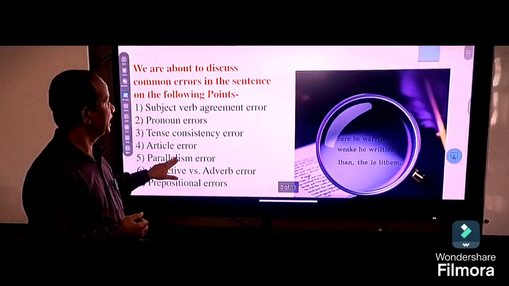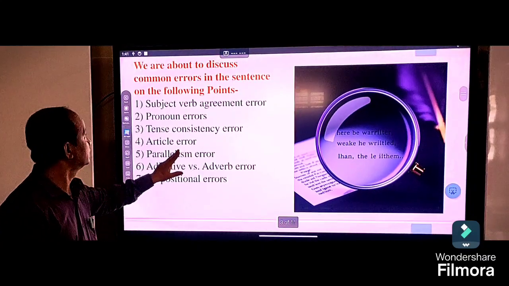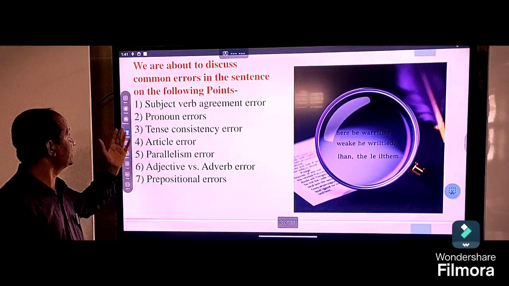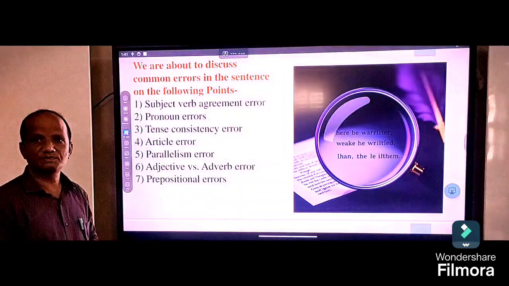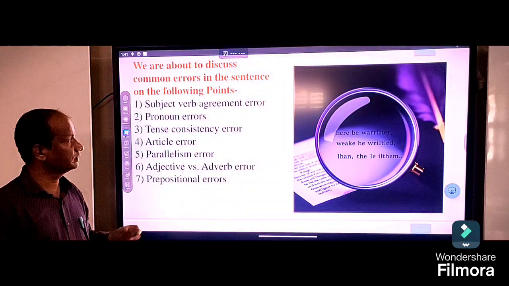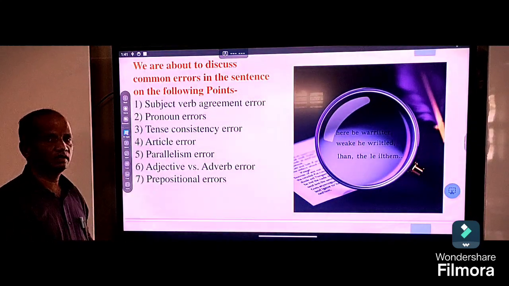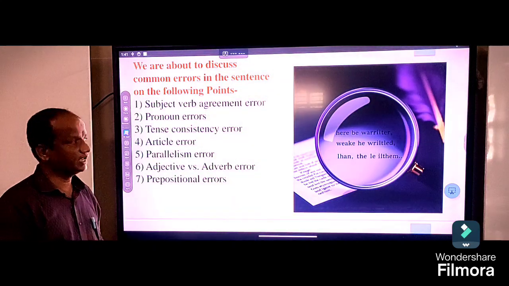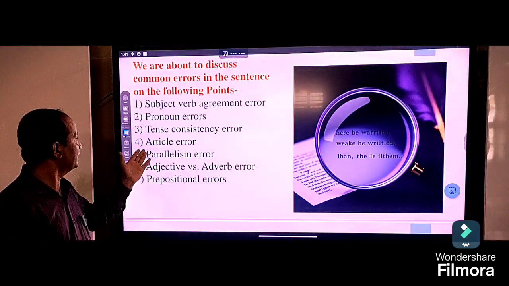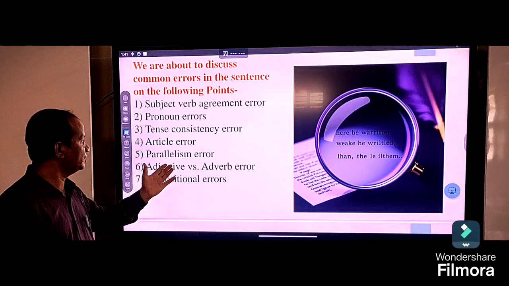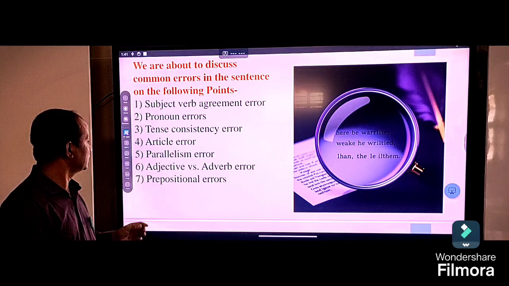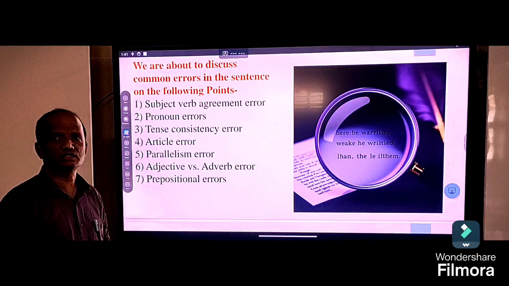Here we are about to discuss the common errors in sentences on the following points: subject verb agreement error, pronoun error, tense consistency error, article error, parallelism error, adjective versus adverb error, and prepositional errors.